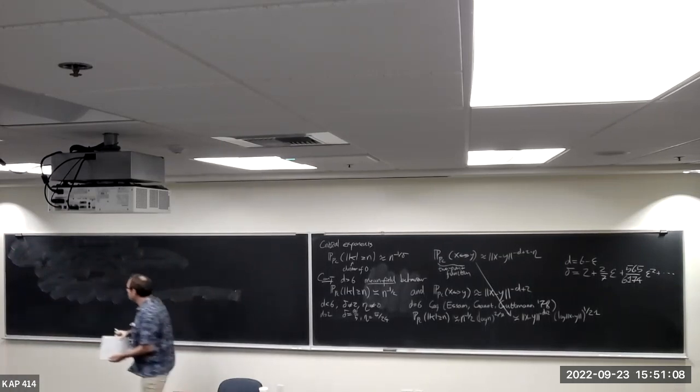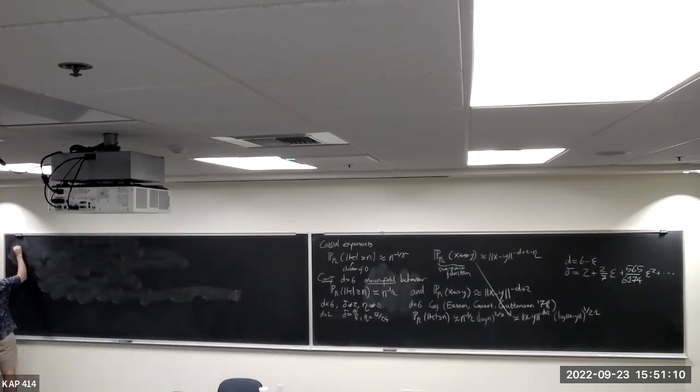This is long-range percolation. We start with the d-dimensional integer lattice as before, but now with no edges. There's no special role for nearest neighbors.